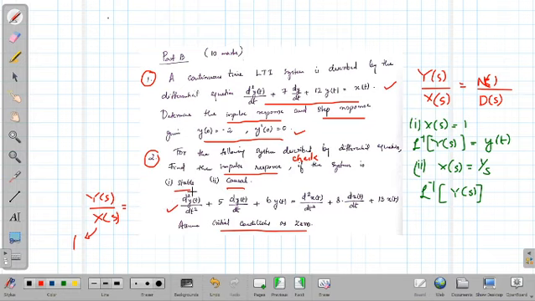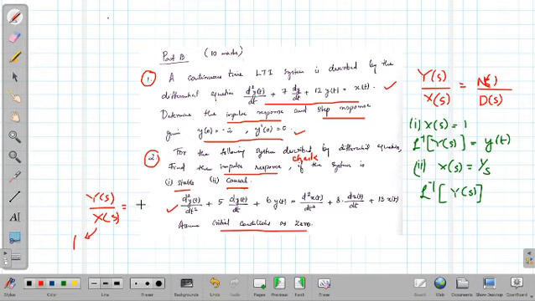it is stable. And for causality, you check the degree of the numerator polynomial and the degree of the denominator polynomial. If the degree of the numerator is greater than the degree of the denominator, then it is non-causal. So you just check whether the degree of the numerator is less than or equal to the degree of the denominator.